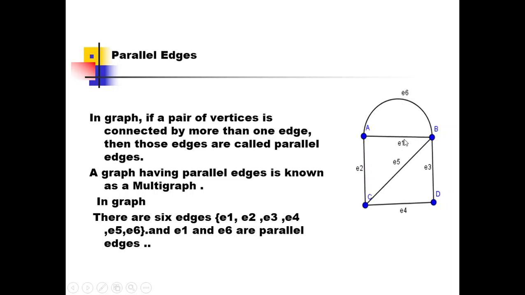So these two edges are known as parallel edges. And a graph having parallel edges is known as a multi-graph. In this graph there are 6 edges, E1, E2, E3, E4, E5, E6, where E1 and E6 are parallel edges.